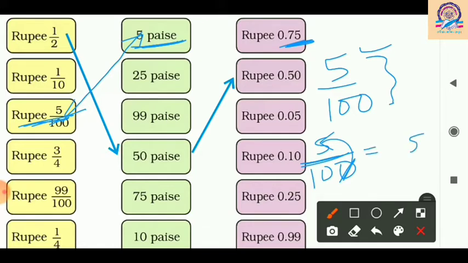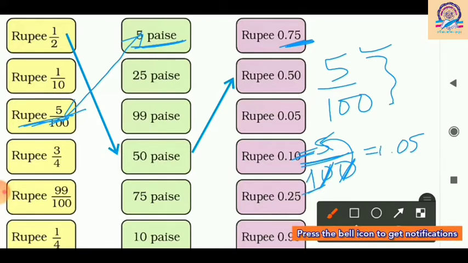For the next 0 we have no digit, so just put 0. And for the 1 we always put a decimal point, so now it will be 0.05 rupee. So check in the pink column where we have 0.05. Here in the third box we have it.